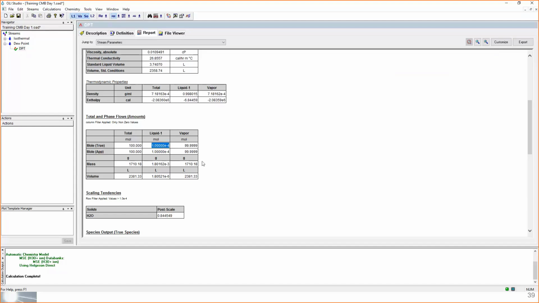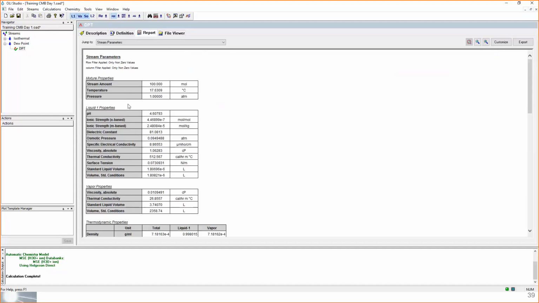Okay? And the temperature at which that first drop of water was formed was 70 degrees C. So you had to really decrease the temperature of the system in order to have the first condensation happening, okay?